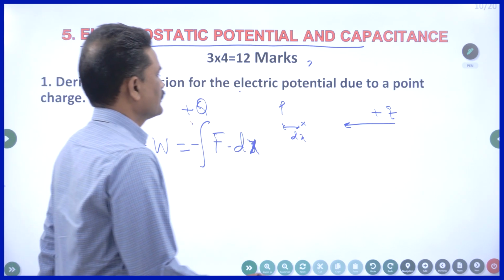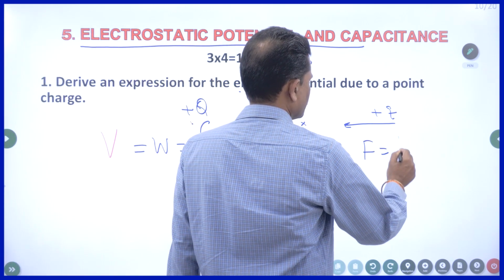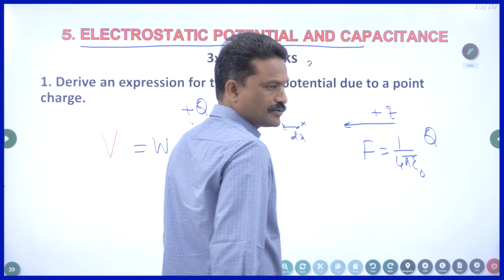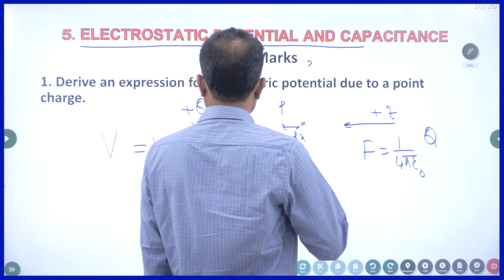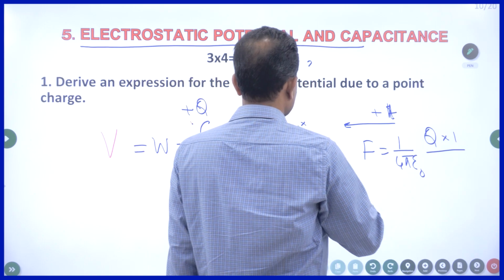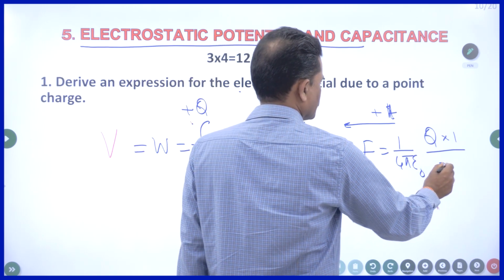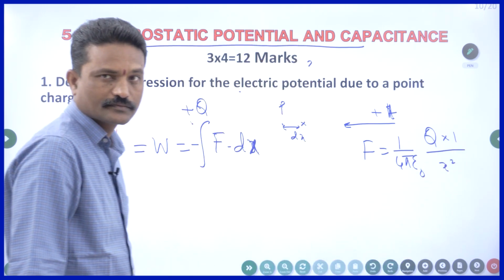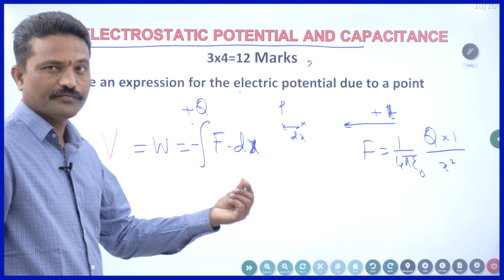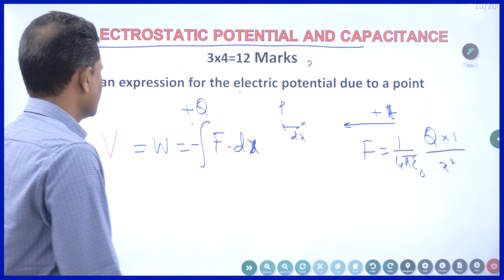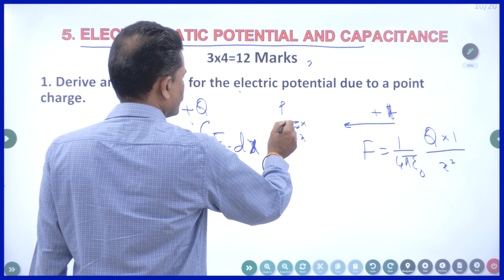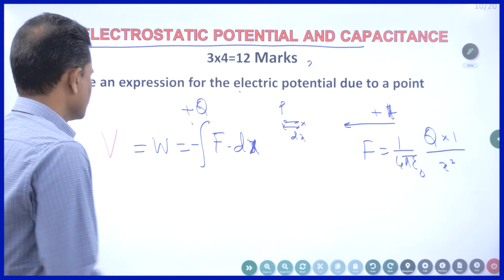So, what is F? From Coulomb's inverse square law, F is equal to 1 by 4 pi epsilon naught Q1 is capital Q, and if I take unit positive charge, the second one is 1, and the distance is, let us say, x square. Is this clear? Now, I want to move it further by a small distance dx. Here dx indicates the distance between these 2 points. So substitute this.